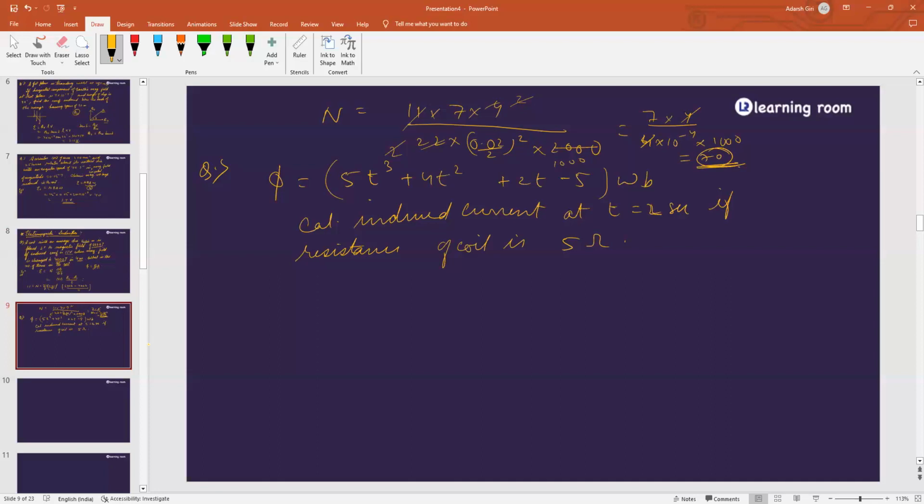Now see the next question. Try to solve this.